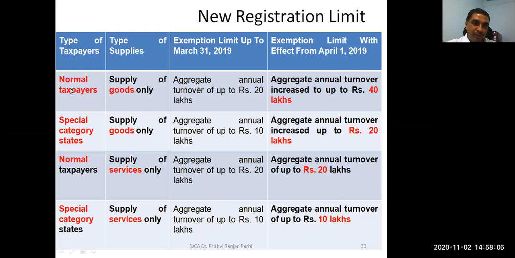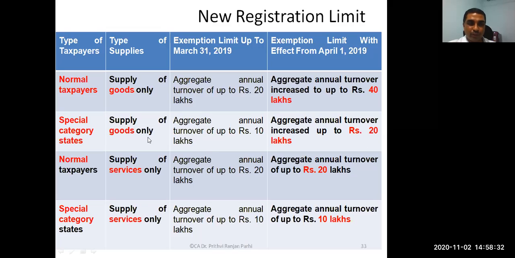If you look at this 4th column, for a normal taxpayer supplying goods, if the aggregate turnover exceeds 30 lakhs, then registration is necessary. And for special category states, for supply of goods, the threshold limit is how much? 20 lakhs.